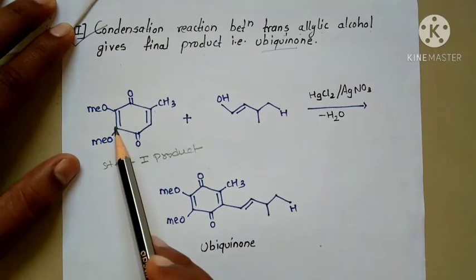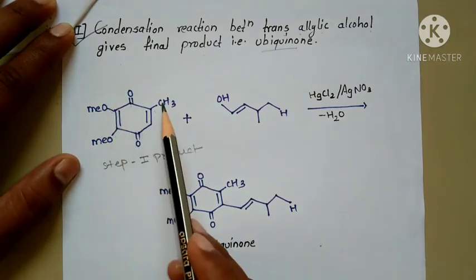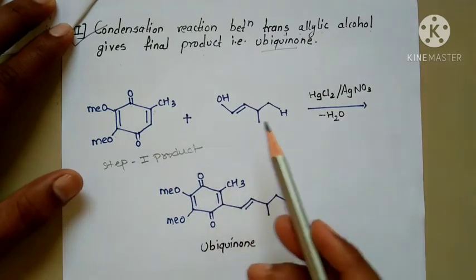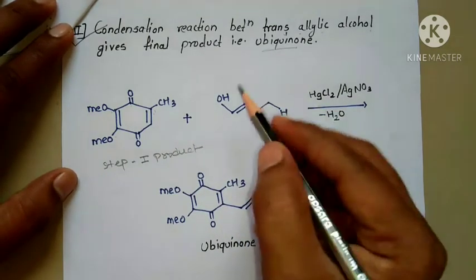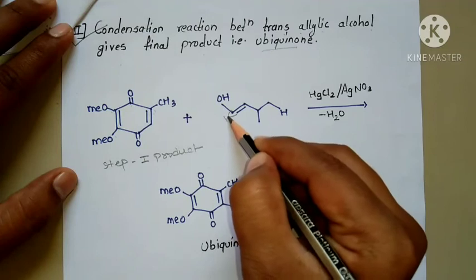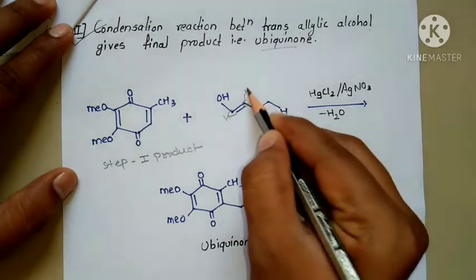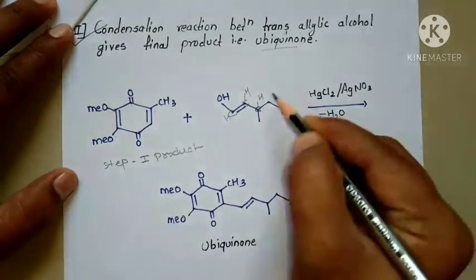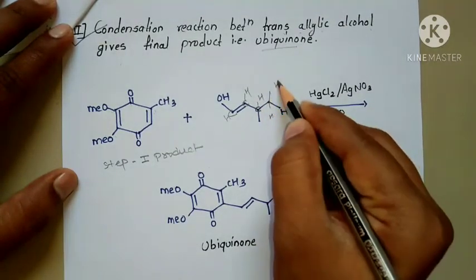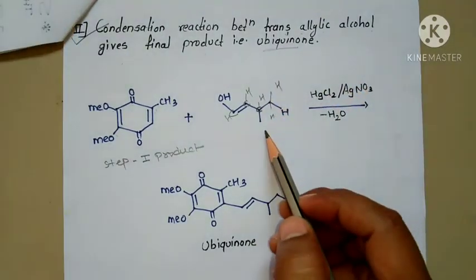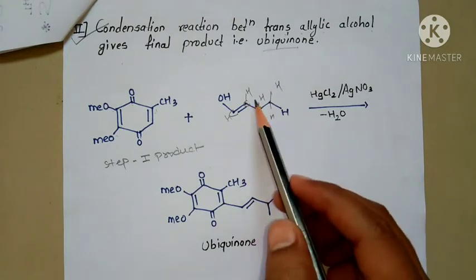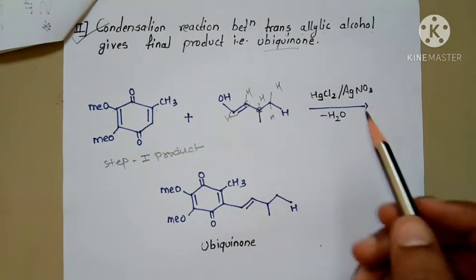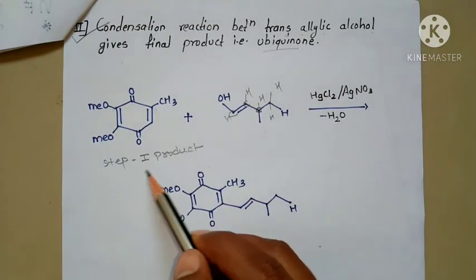That means 2,3-dimethoxy 5-methyl hydroquinone reacts with allylic alcohol. This is allylic alcohol. This position indicates the allylic position. Okay, and the remaining hydrogens are present, that is bond line formula. So this trans-allylic alcohol reacts with the step 1 product.